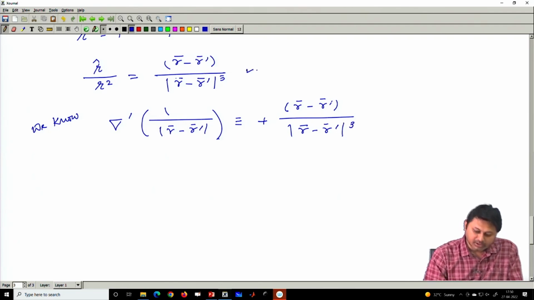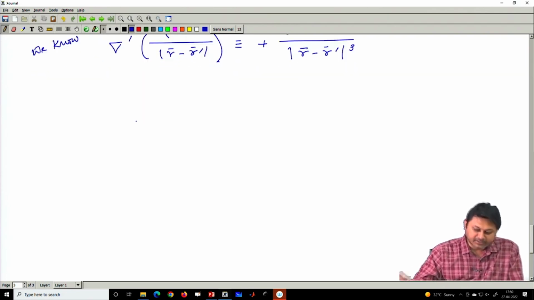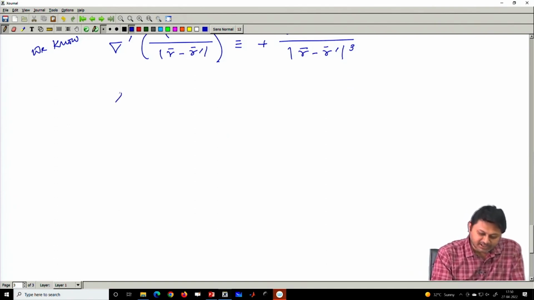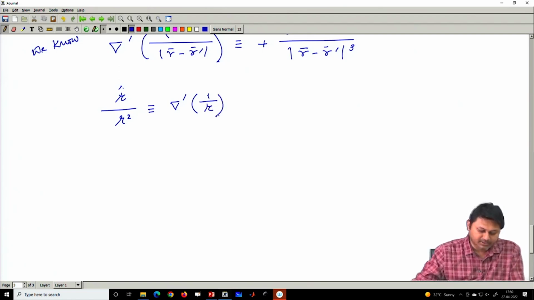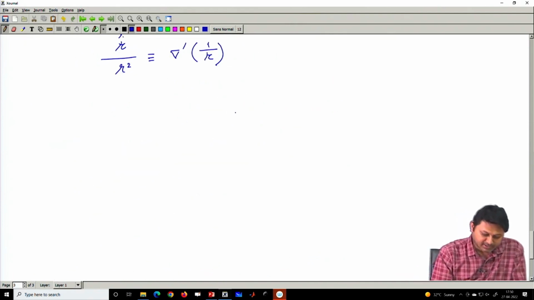The positive sign is because I am taking the derivative with respect to prime, and we have a negative sign already here. So, eventually I can write unit vector r divided by r square as equivalent to gradient prime of 1 divided by r.